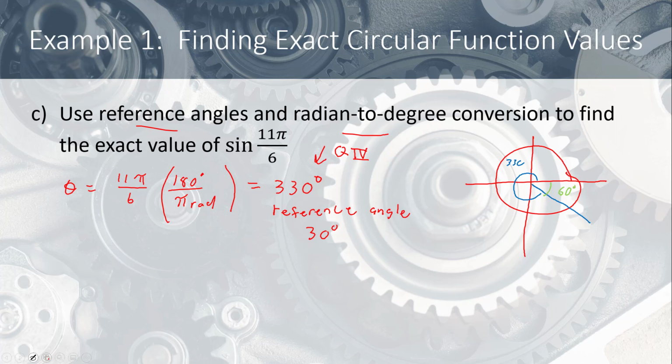Now what we know from reference angle analysis is that since 330 is in quadrant 4, the sine of 330 is going to be equal to negative sine of 30. The sine of 30 is equal to 1/2, so this is going to be equal to negative 1/2, and that would be our answer.